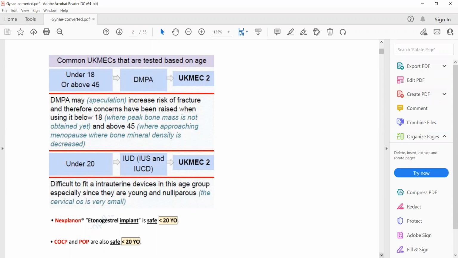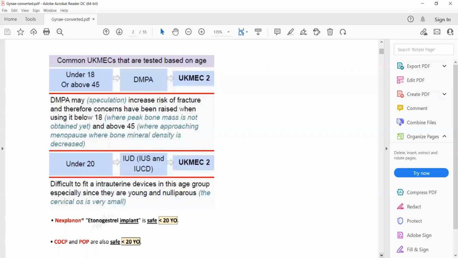Now, there are 3 methods for long-term contraception. What are the 3 methods that can be used as long-term contraception? They include an intrauterine device. Now, there are 2 types of intrauterine device. One is IUS and one is IUCD.